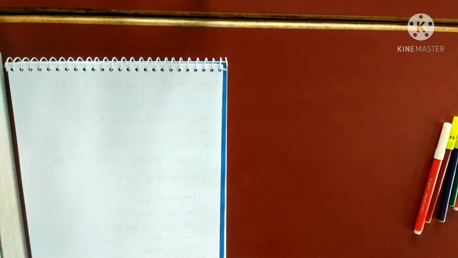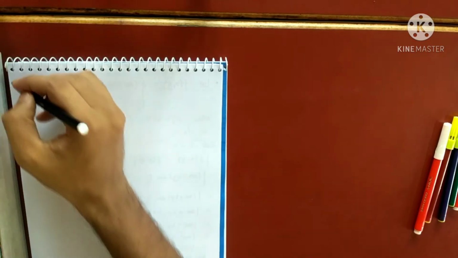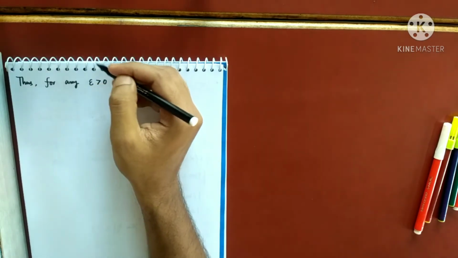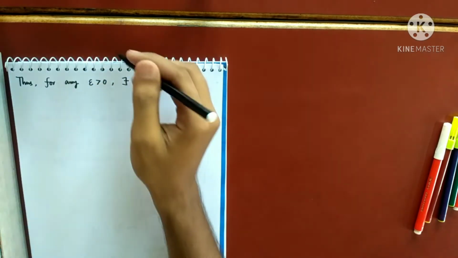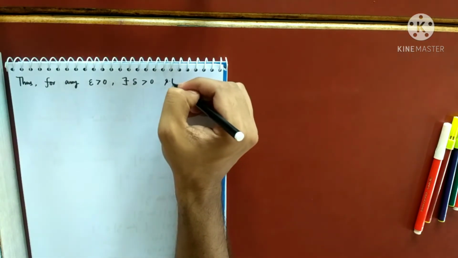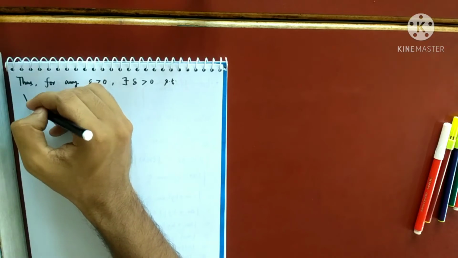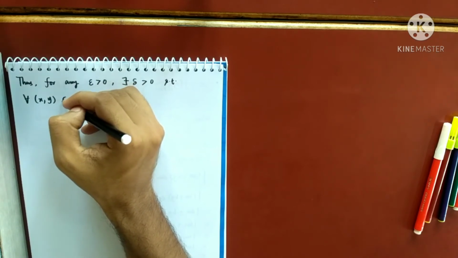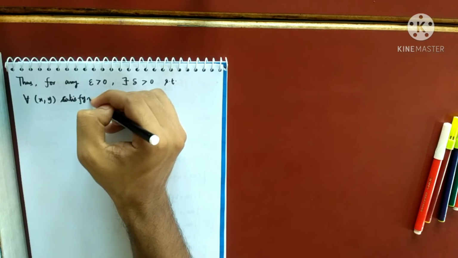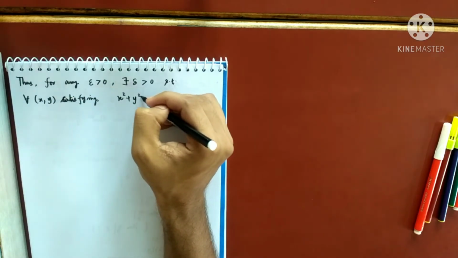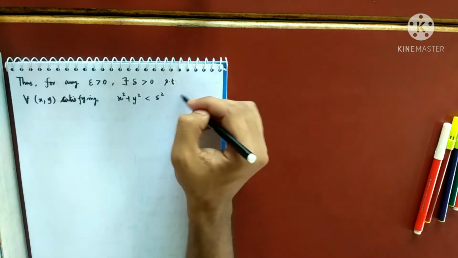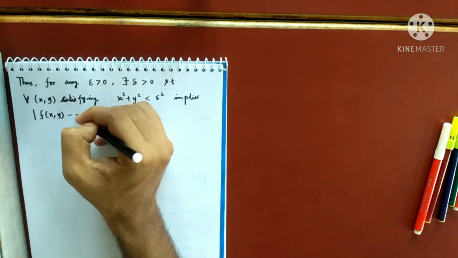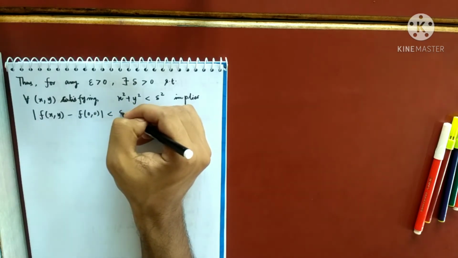Let us conclude. So thus, for any epsilon greater than 0, there exists a delta positive such that for all x comma y in the domain, which is actually all real numbers anyway, satisfying x square plus y square less than delta square implies modulus of this is less than epsilon.